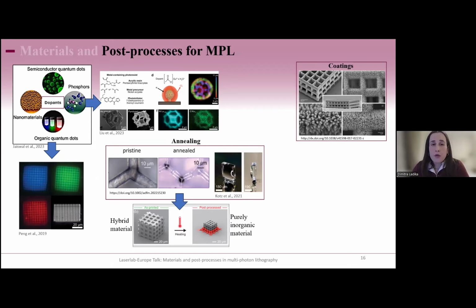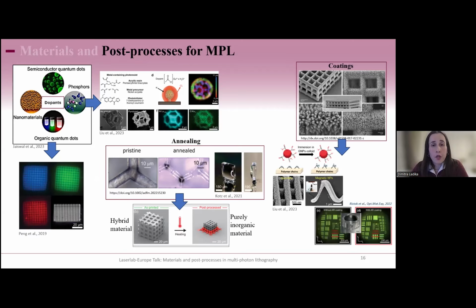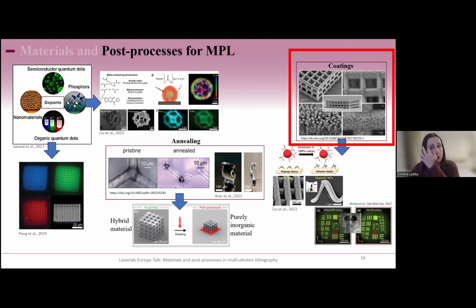And finally, I think coating is the oldest post-process technique that MPL structures undergo. For example, it has been used for magnetic coatings and for optical coatings like anti-reflection coatings or high transparency.